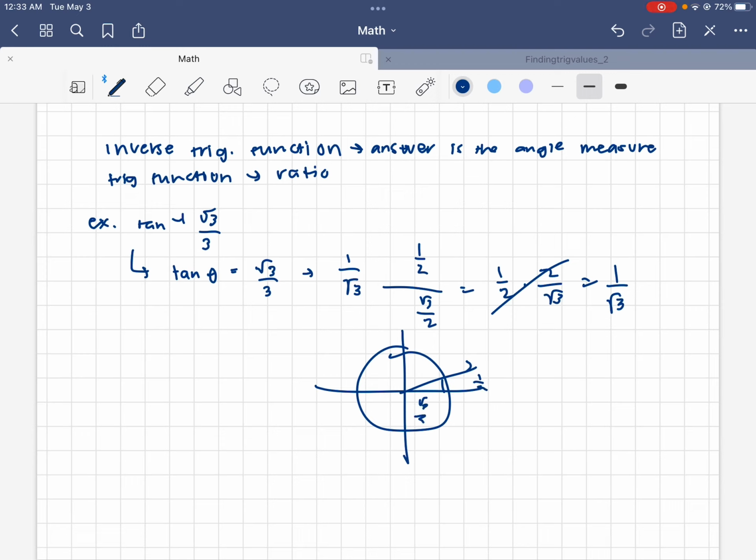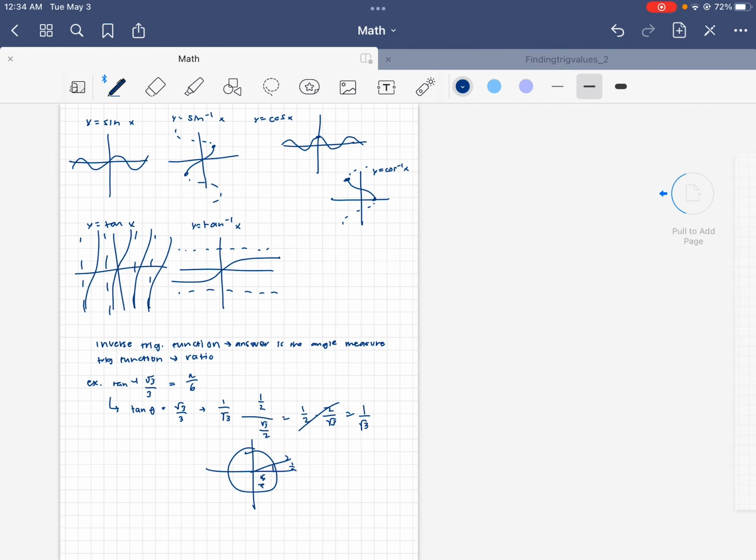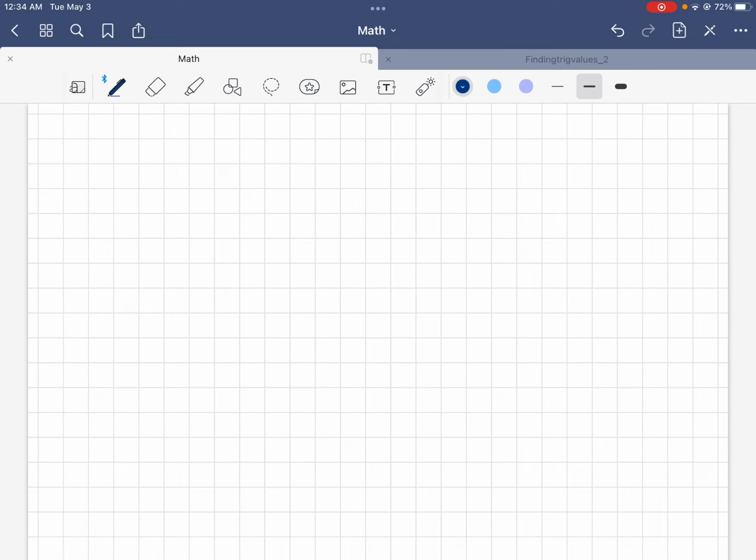The angle measure here is 30 degrees, which in radians is pi over 6. So theta is pi over 6. That's going to be your answer. It can get confusing because it'll seem like there's more than one answer, but there actually isn't. So something to keep in mind.